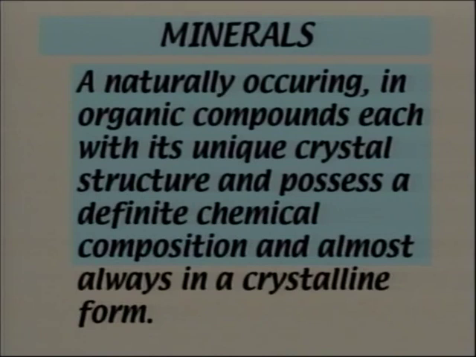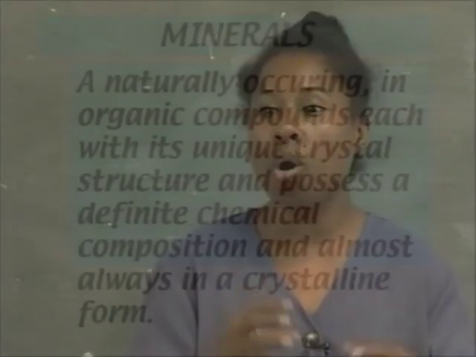Minerals are naturally occurring inorganic compounds, each with its unique crystal structure, possessing a definite chemical composition, and almost always in a crystalline form. And that's the definition of what minerals are. And it is those minerals in the rocks, which are compact and consolidated, that give you a solid mass, which is referred to as a rock.